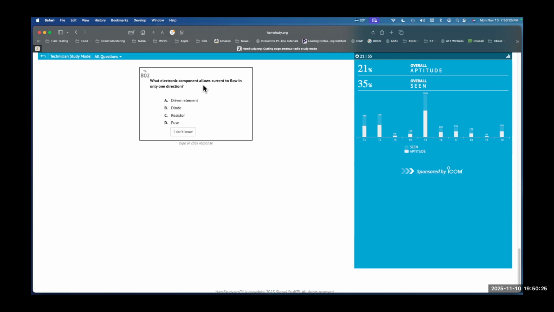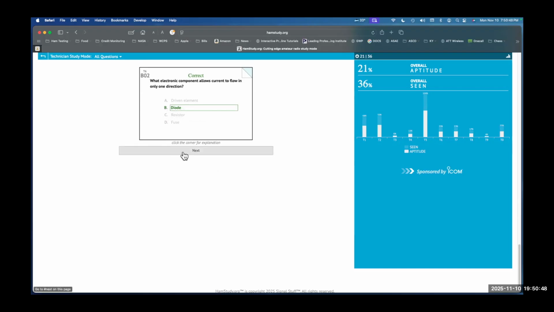What electronic component allows current to flow in only one direction? A diode. It's going to be a diode. What component allows current to flow in one direction and emits light? Oh, that's an LED. An LED, light emitting diode.